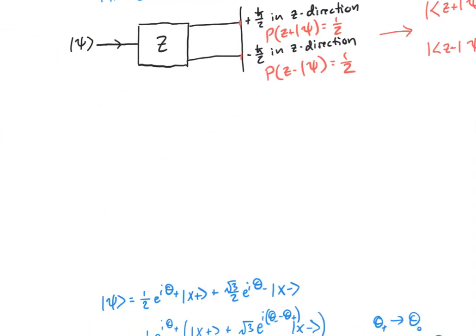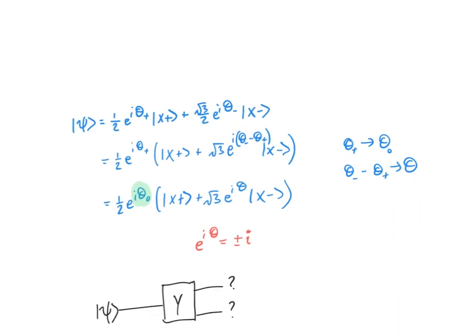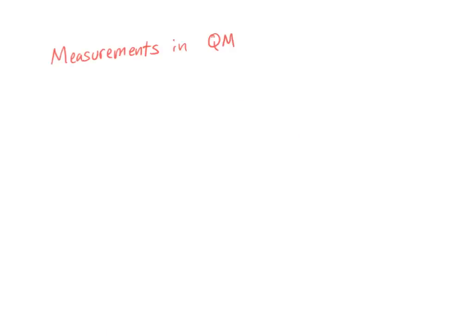And an overall factor of a complex number with a magnitude of 1 will never affect a probability calculation, because to find the probability, we are always taking the magnitude squared of a number. And so in the end, a piece of that number that itself has a magnitude of 1 is not going to have any noticeable effect in any experiment we ever do. And so we say that measurements in quantum mechanics can only be determined up to an overall phase.